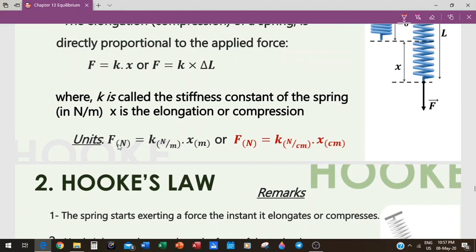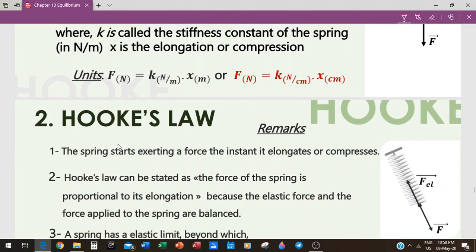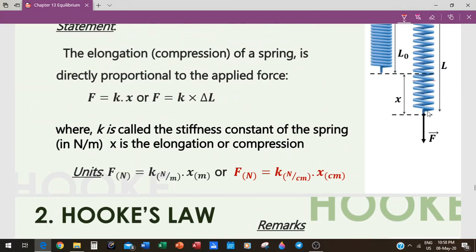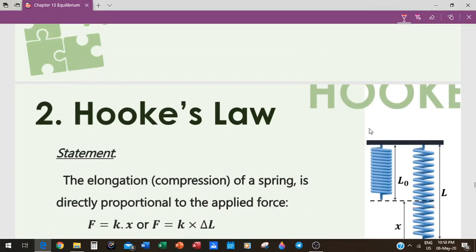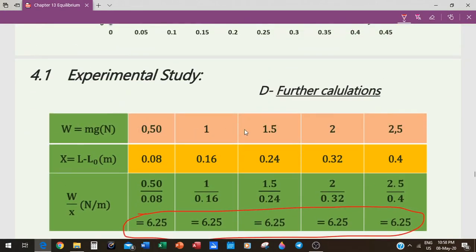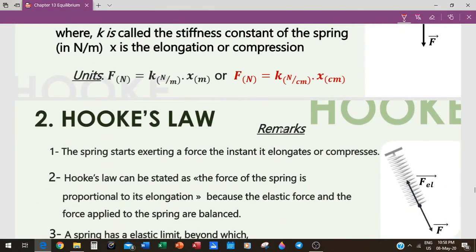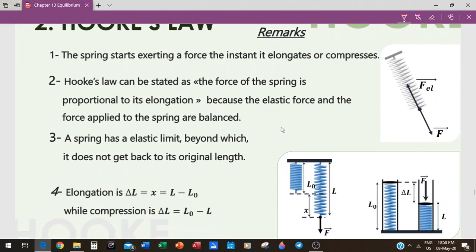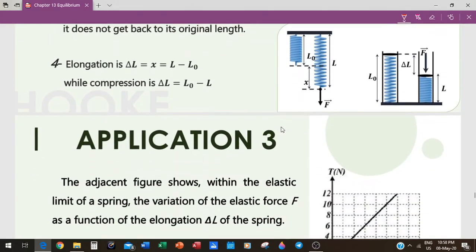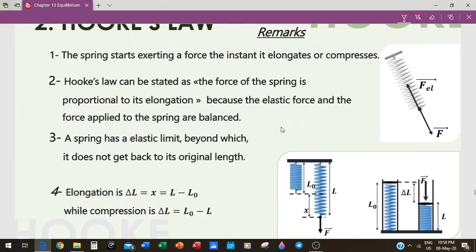This force applied on the spring may have two names. It is the weight, as you can see here in the table, or, as we have learned before, when we hang a mass on a spring, after a certain time this mass will be at equilibrium under the action of two forces, the weight of the mass and the tension of the spring.